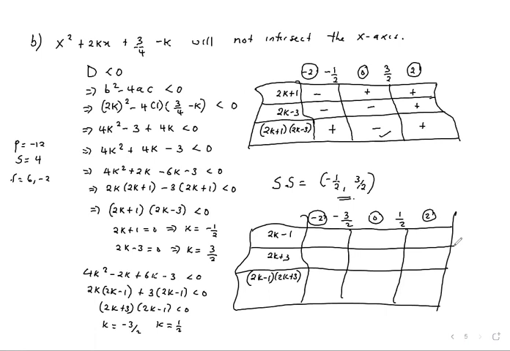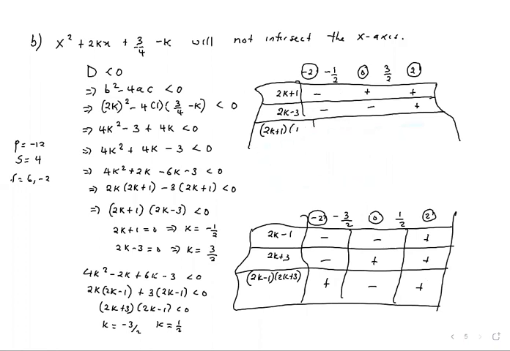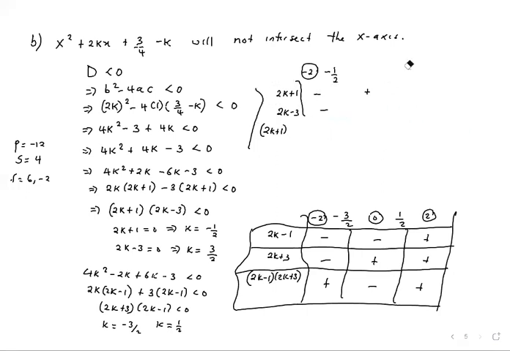So in negative 2 here, this is negative, negative, so positive. 0, negative, positive, negative. 2, positive, positive, positive. So the solution set will just change by being switched here. So not that, but still almost the same interval. So negative 3/2, half.